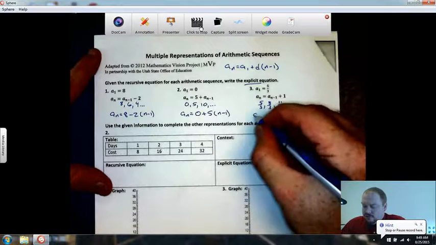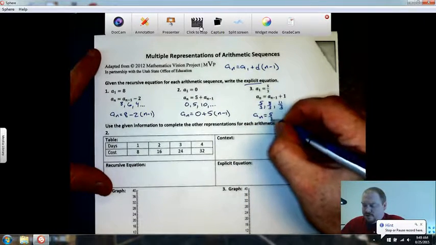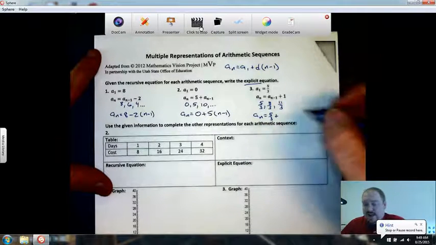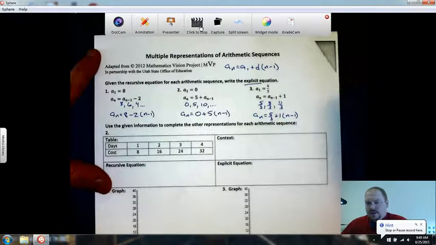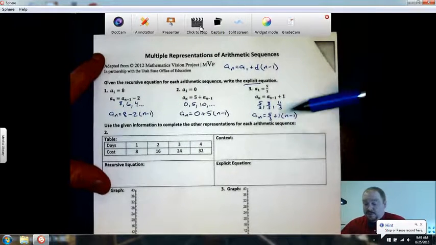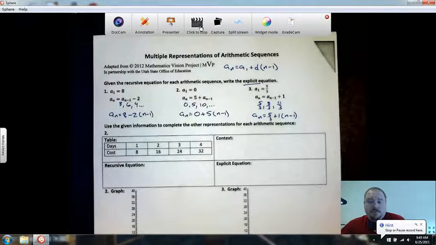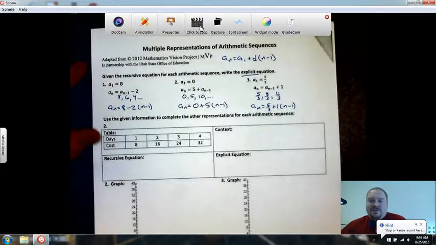So my explicit equation would be first number, 5/3, plus how it's changing. I'm adding 1, then n minus 1. Now, I suppose you could say 3/3 right here. It wouldn't be wrong, okay?